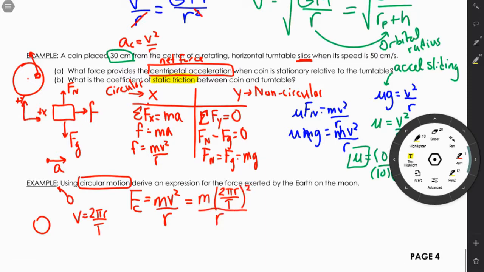Remember, the radius is really the distance between their centers. So we get m, and we square all this, so it's going to be 4 pi squared r squared over T squared, divided by r.